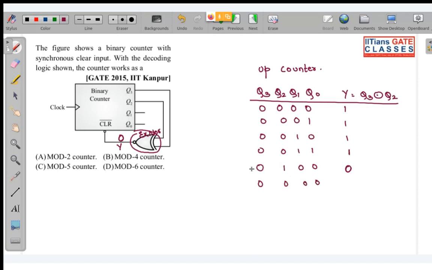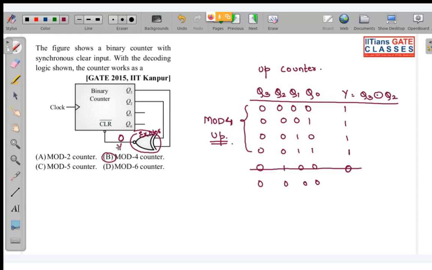We can see that this is 1, 2, 3, 4. So this is a mod 4 up counter. So option B. And I guess Shruti and Raju have said mod 4. So good. Okay. Mod 4 means I shouldn't be telling good.